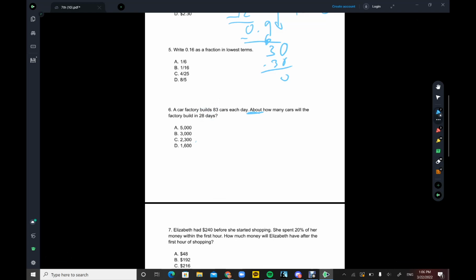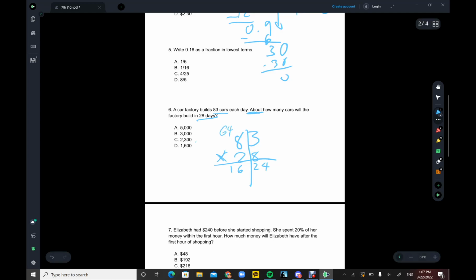So it says 83 cars a day, and you do it in 28 days. So in one day, you do 83. So essentially, you're just multiplying 83 and 28. And here's a little trick. 8 times 3 is 24. 8 times 2 is 16. 8 times 8 is 64.